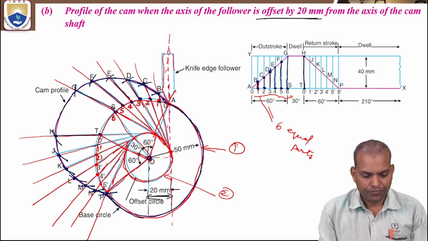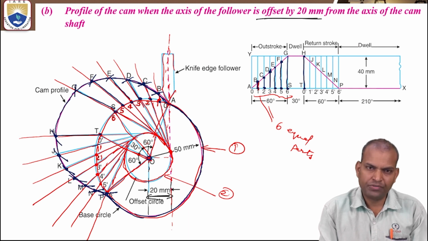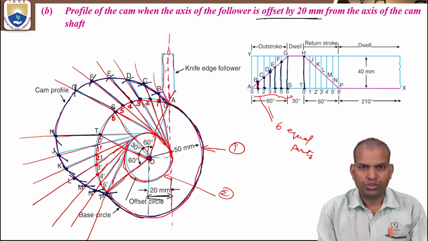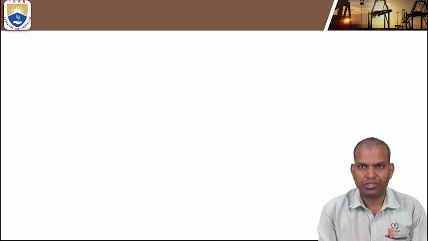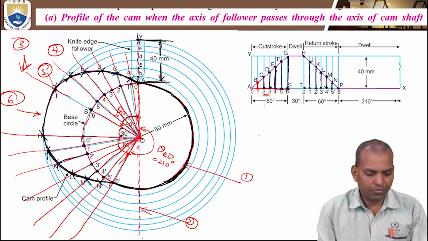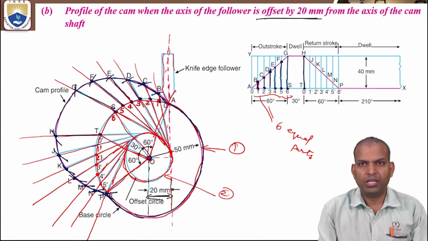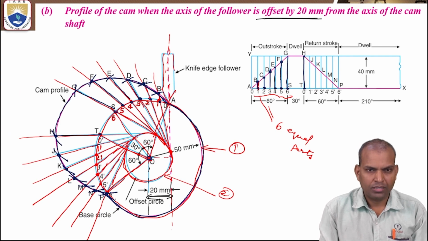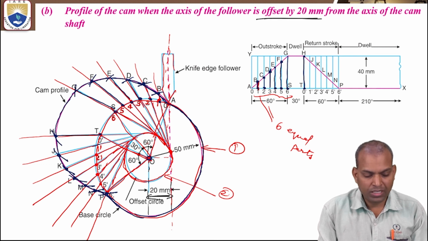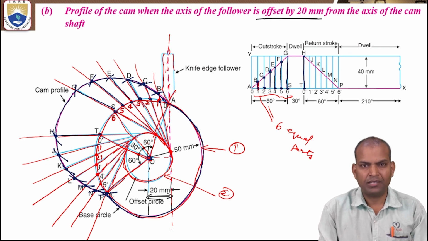We can compare the shape of the cam profile, the geometry, during offset and also during zero offset or non-offset conditions. This is the shape of the cam profile for the non-offset condition, and this is the shape of the cam profile during offset by 20 millimeter. You can see that clearly.